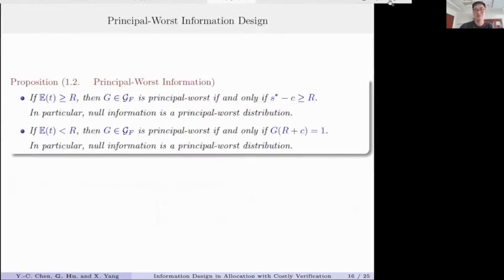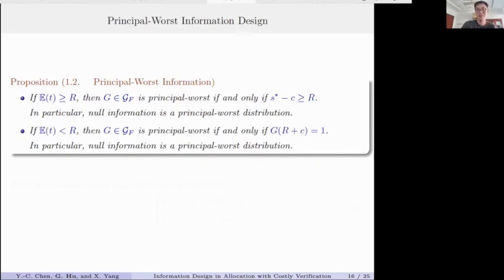And the next one, principal worst information. Again, two cases. If the mean is large enough, then a distribution is principal worst if and only if the threshold derived by the designed signal distribution is larger than R. In particular, making the signal distribution the least informative is principal worst.